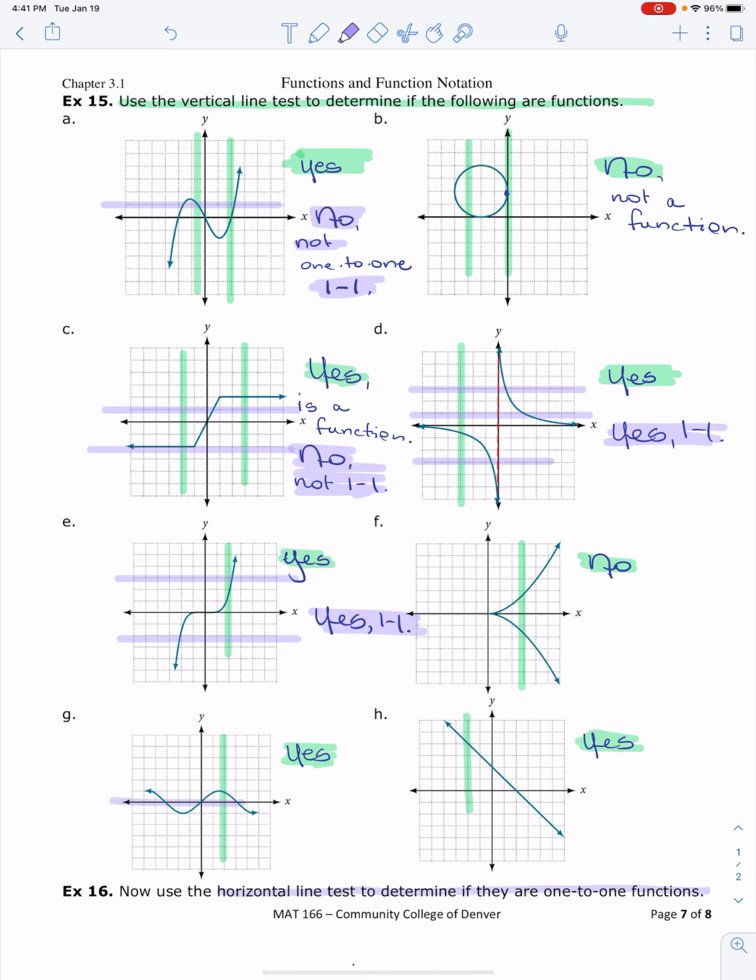I'm just going to put it right here. We hit multiple times, and it looks like as that graph extends on, it's going to keep crossing the x-axis. So this one is not 1-to-1. And then H, our straight line, yeah, it doesn't double back on itself anywhere. So this one is also a yes.